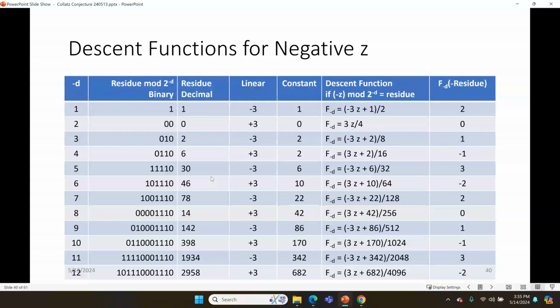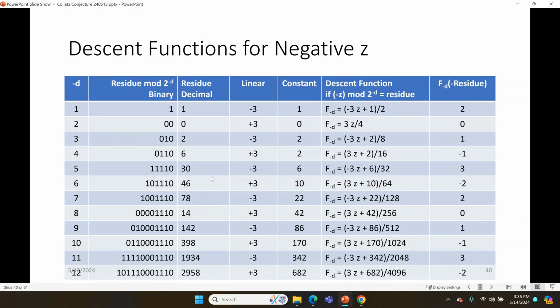This is the same table, but this is for negative Z values. In this case, if the negative Z value residue is 1 modulo 2, in other words, if it's a negative odd number, then the descent function is negative 3Z plus 1 over 2.